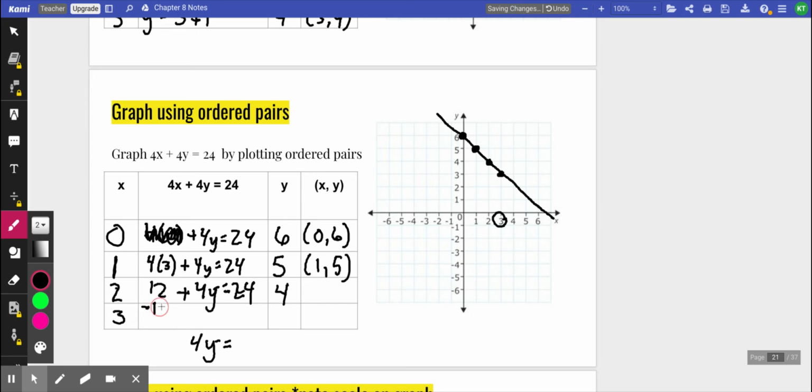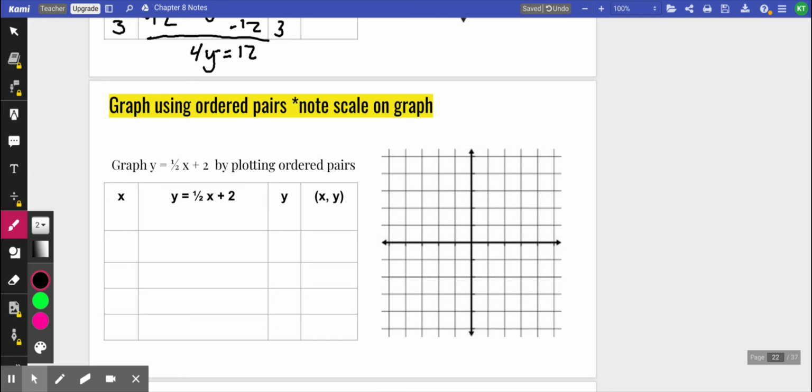If I subtract 12 from both sides, we get 4y equals 12. Divide by 4, and we get 3. And that point was on this line. It looks like (4, 2) should be on there, (5, 1) should be on there. I got a little bit off track there, I'm veering a little bit, but (6, 0) should be on there. So all those points would be on that line, even though I only found 2 points originally. As long as I draw a straight line, it should be good.